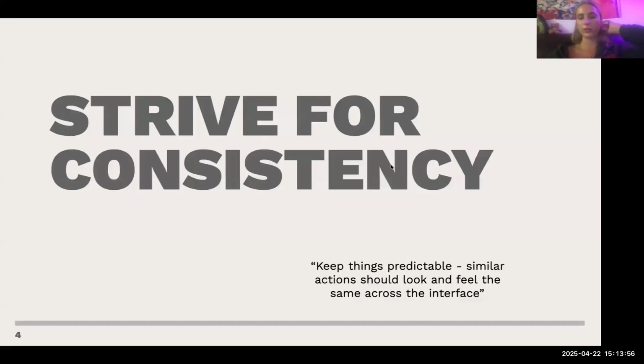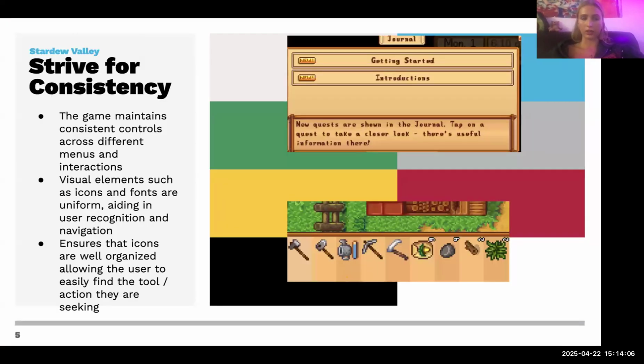Awesome. So the first principle I'm going to talk about is striving for consistency. The definition of this is keep things predictable. Similar actions should look and feel the same across the interface. And I definitely think Stardew Valley hits this nail right on the head. As you can see in the demo and these images, the game maintains consistent controls across different menus and interactions, as well as text and fonts.